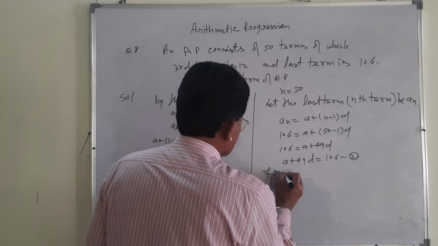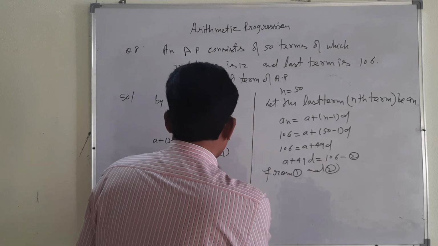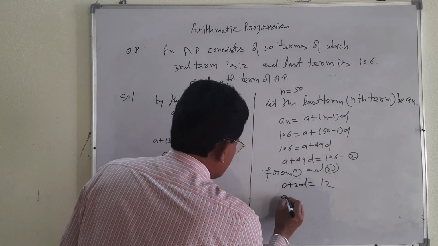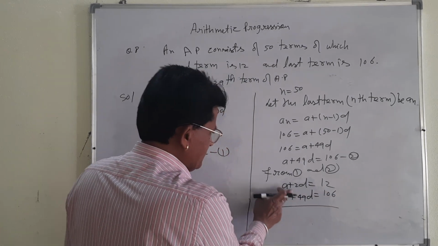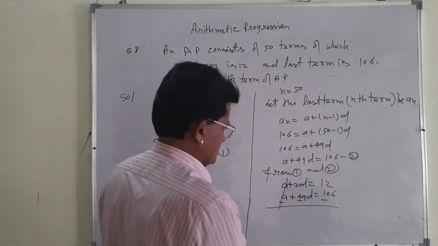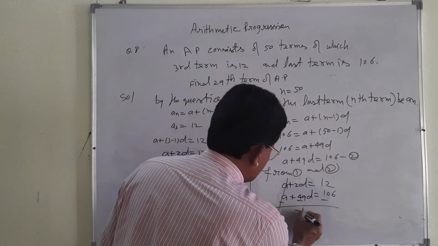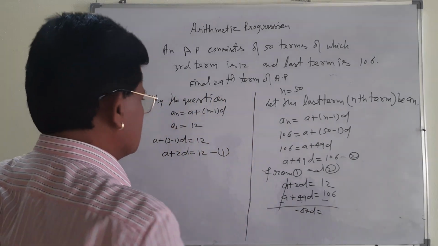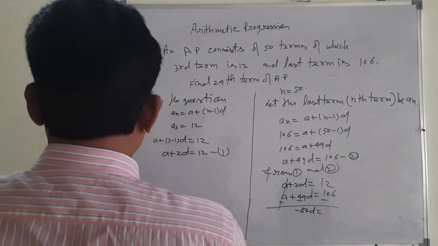From 1 and 2, let me take, dear student, first a plus 2d is equal to 12, second equation a plus 49d is equal to 106. Subtract second from first, change the sign, negative into positive and positive into negative, this a will be cancelled. You see minus 49 plus 2, minus 47d, and minus 106 plus 12.